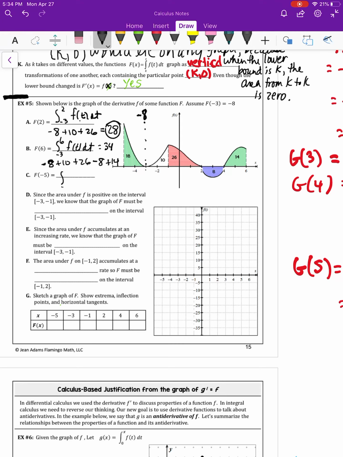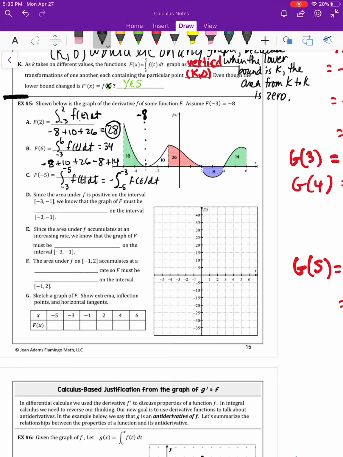And F of negative 5 is like the integral from negative 3 to negative 5 of f of t dt. But the problem is negative 5 is smaller. So I would say the negative of the integral from negative 5 to negative 3 of f of t dt.